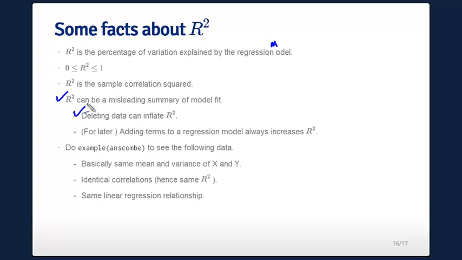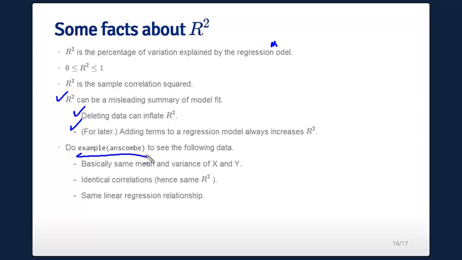If you have a bunch of data and you chop out all the middle data points, then that can give you an inflated R squared. And then for later, if we add terms to our regression model, it automatically increases R squared, whether or not those variables are actually useful to include. Just add random noise to a model as variables, and it increases R squared.